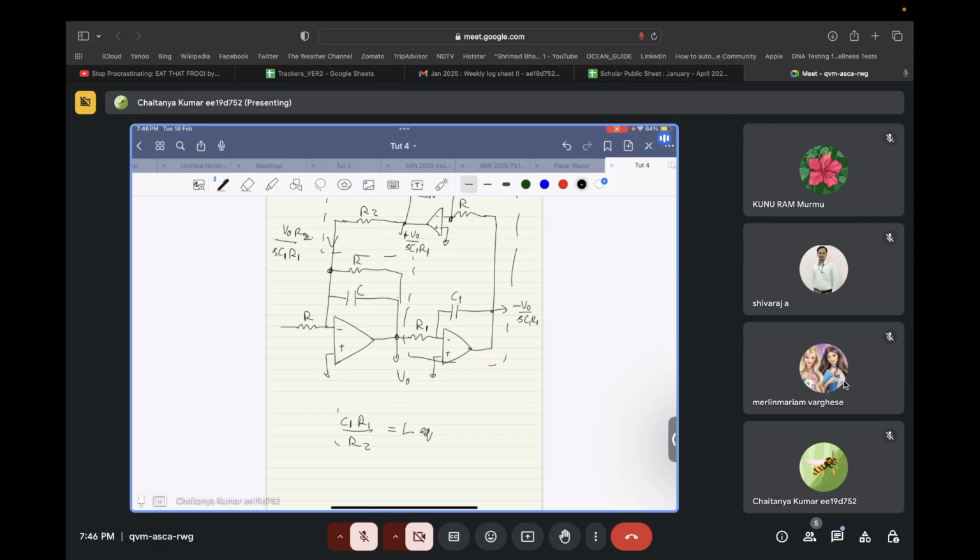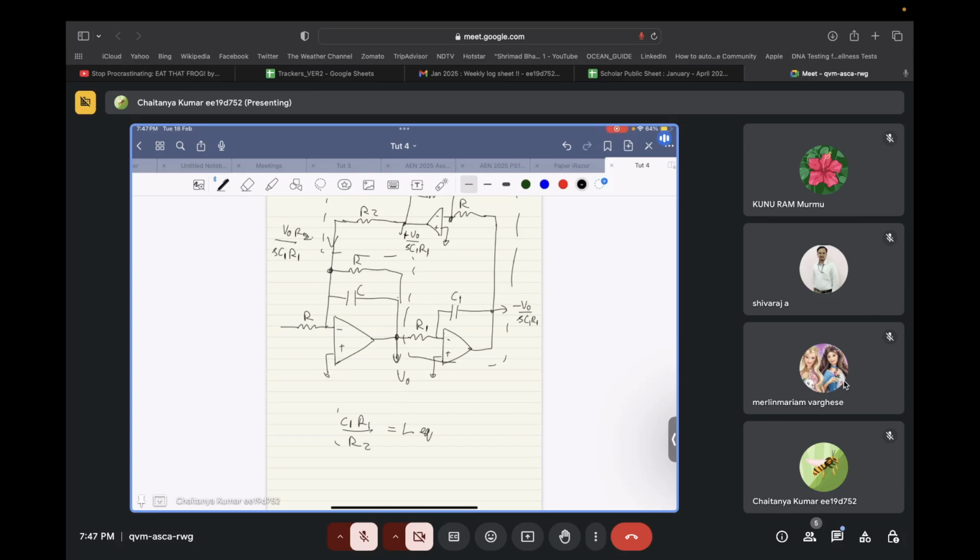Okay, now we have made the circuit. Now we need to verify whether whatever we have made gives us the actual band pass filter at this node V0 or not. Only then we can say that whatever we have built is actually correct, and it's not just some imaginative thing that we have come up with.